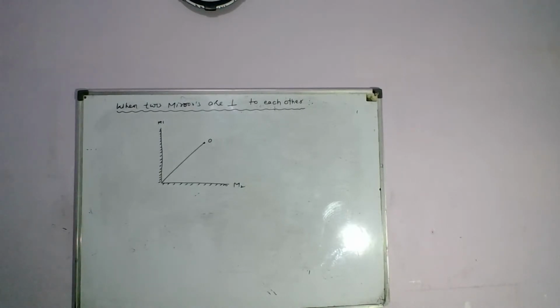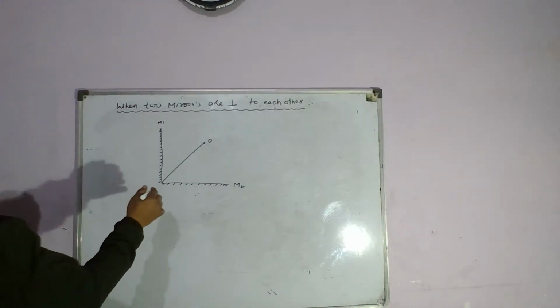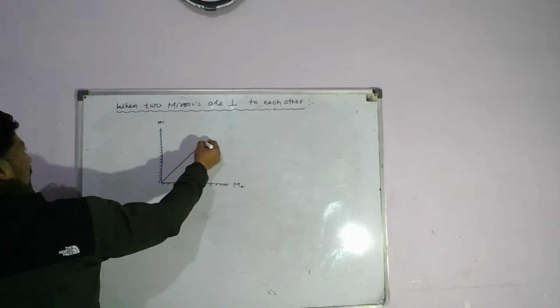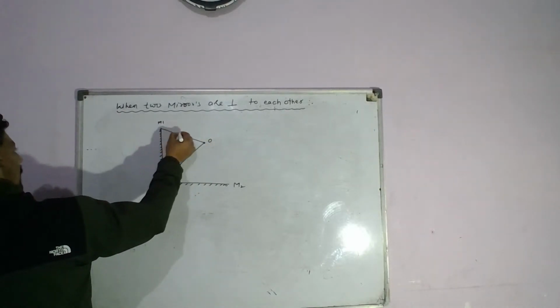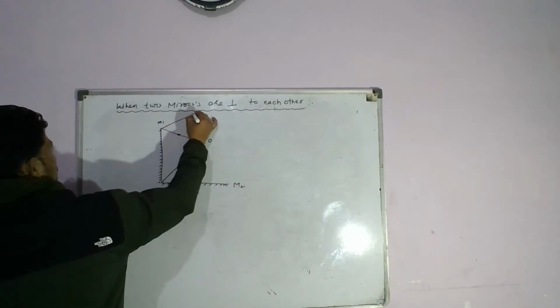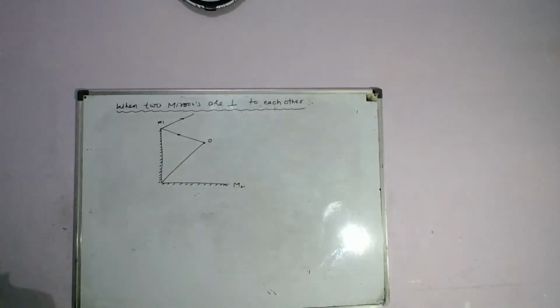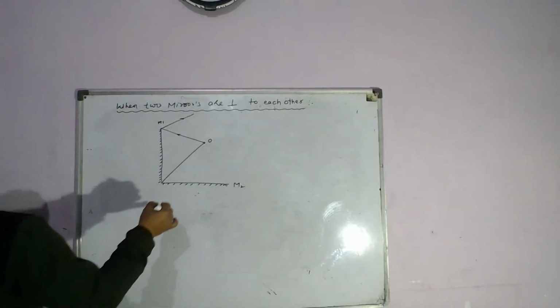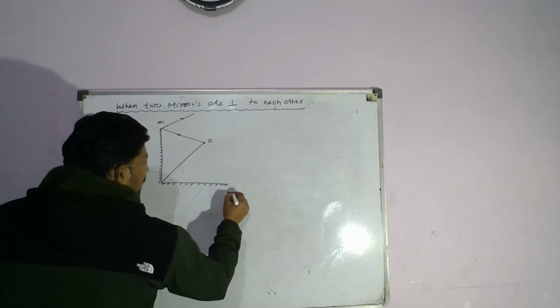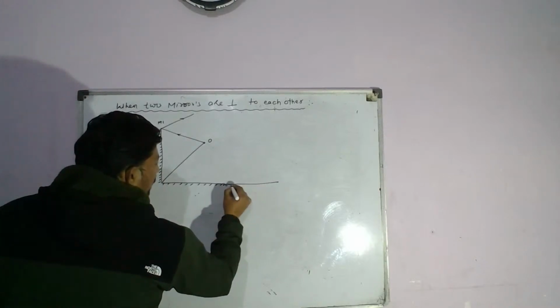Object is placed here. So one incident ray strikes this point, and this is your reflected ray. And again, this is the M2 plane mirror.